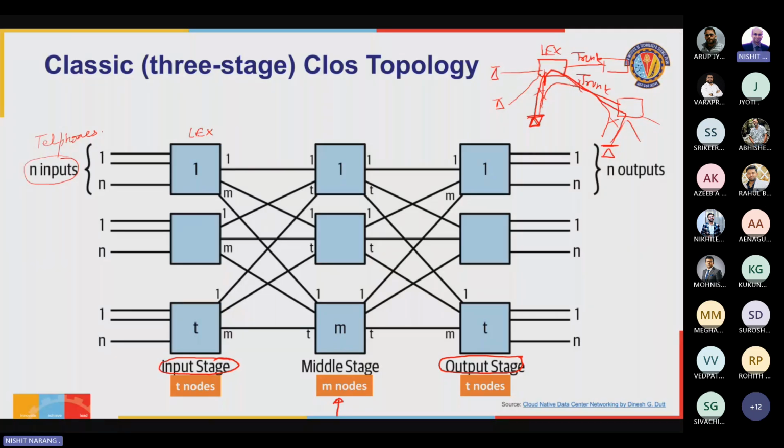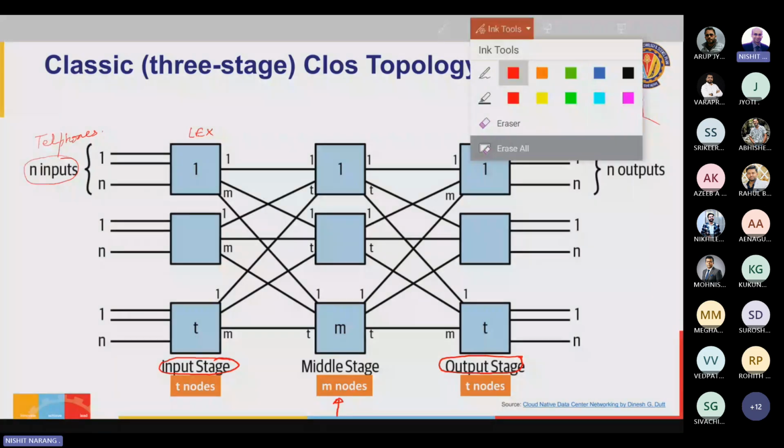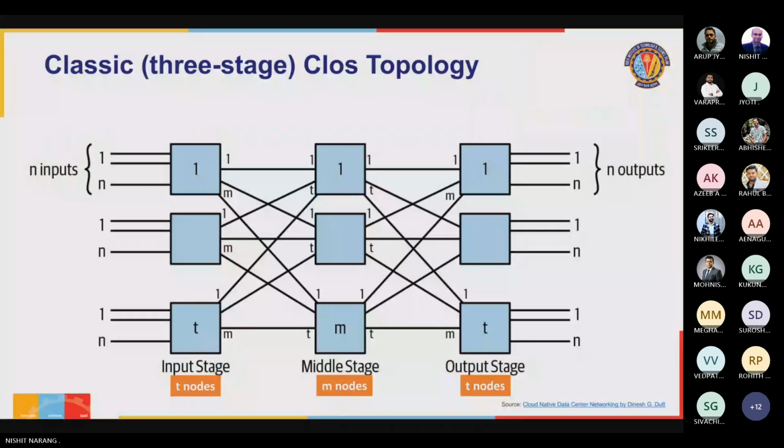So the way the classic Clos topology looks is that let's assume that we have T input stage nodes, local exchanges, T output stage nodes or switches, and we have M intermediary middle stage switches that are being used to connect the input stage to the output stage. Every input stage node can take N inputs and can output M outputs.